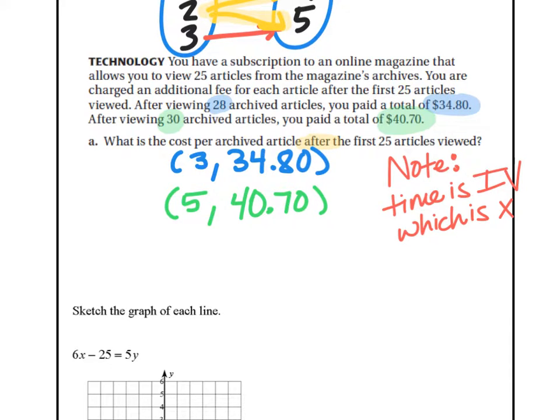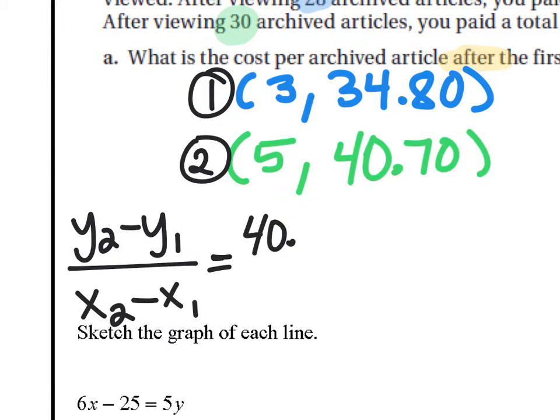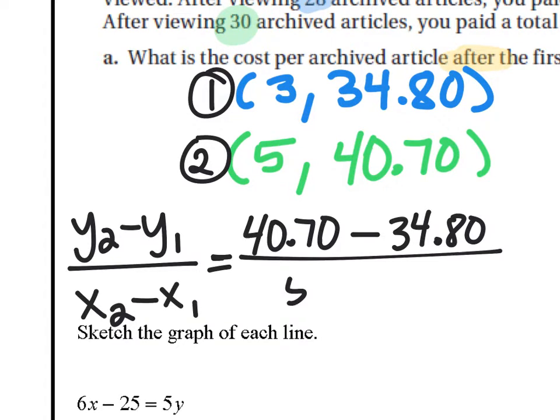Okay. I am going to find the slope. Make sure you write down the formula, so be careful. I'm going to make this one 0.1 and this one 0.2 because then I won't have negatives. So my y2 is 4070 minus y1 is 3480 over x2 is 5, and my x value from the first point is 3.